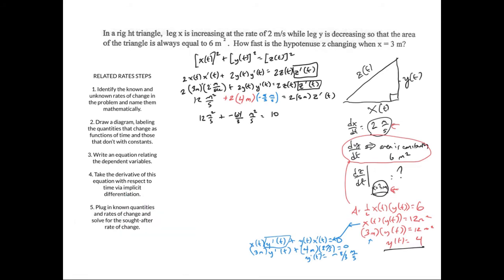So this would be 10 meters times z prime of t. If I combine these two things, let's see, that's 36, 64, that's 24, and 28. So negative 28/3.